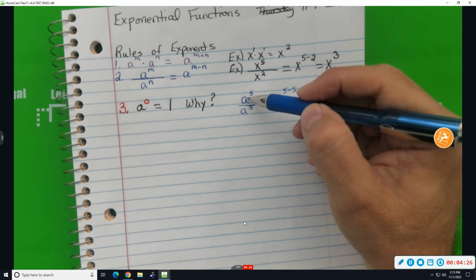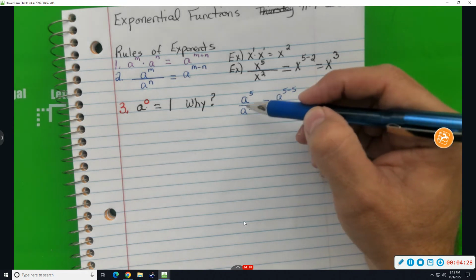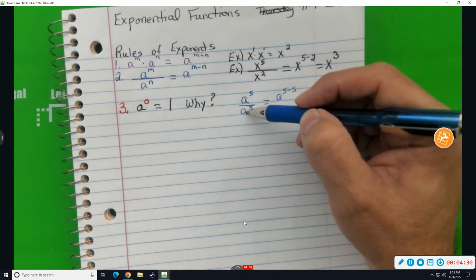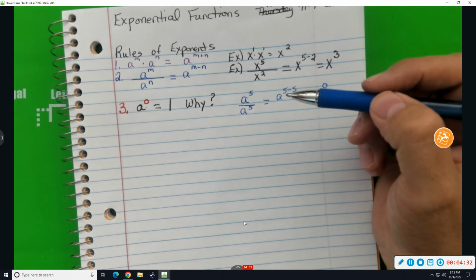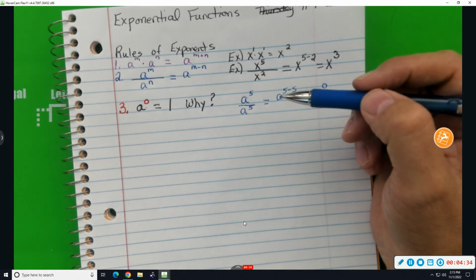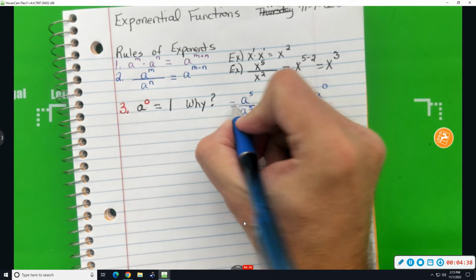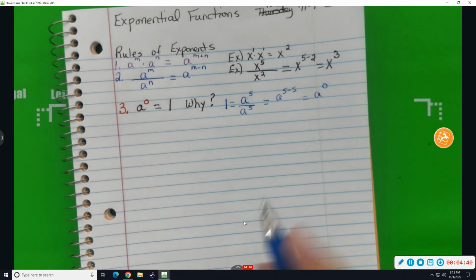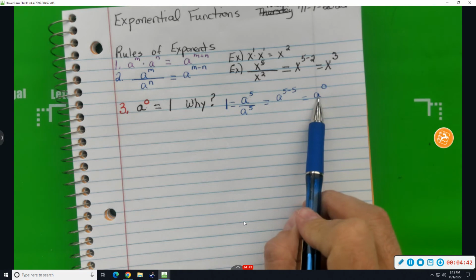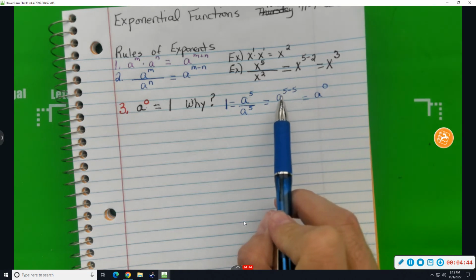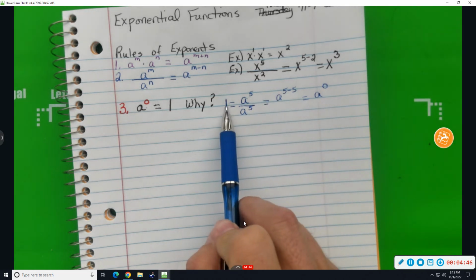If you have the exact same thing on top and bottom of a fraction, what do those have to equal? So it has to be 1. So something over itself has to be 1. So looking at this, a to the 0 has to equal 1.